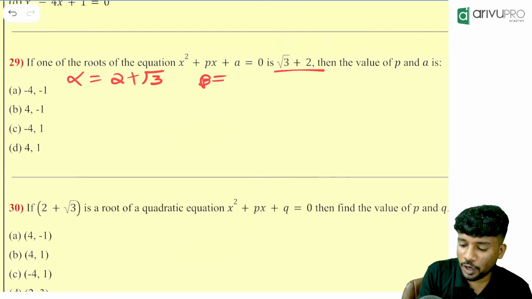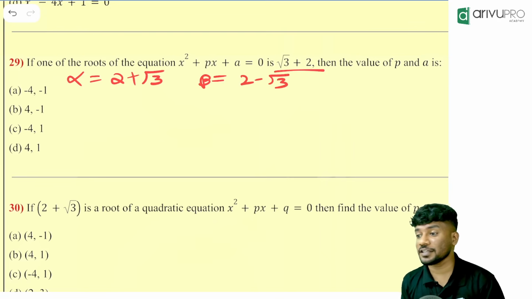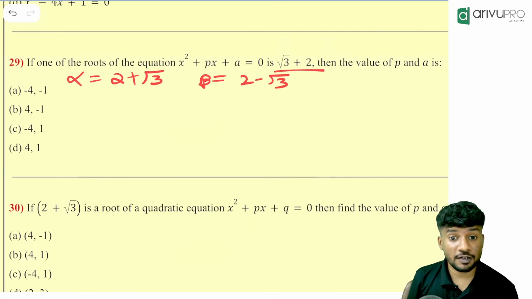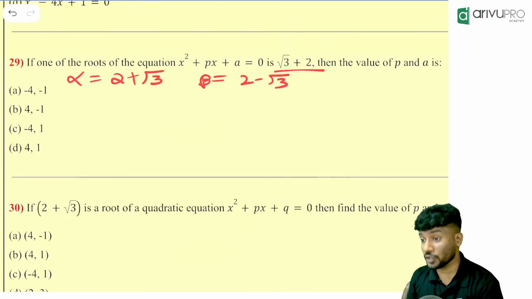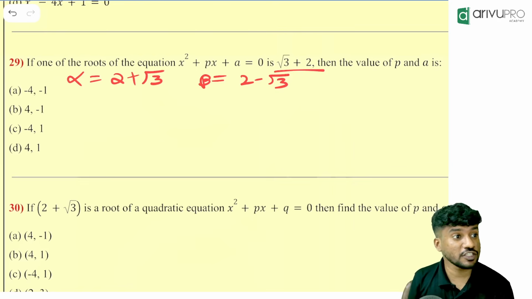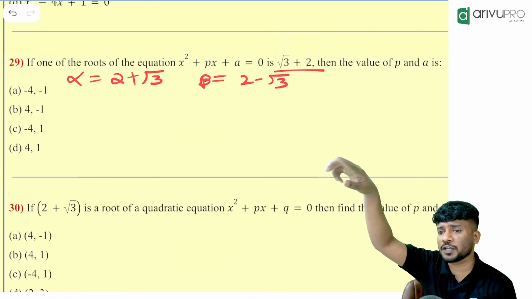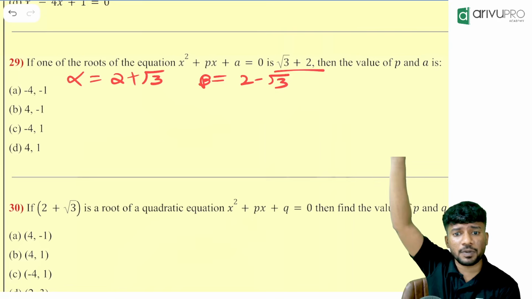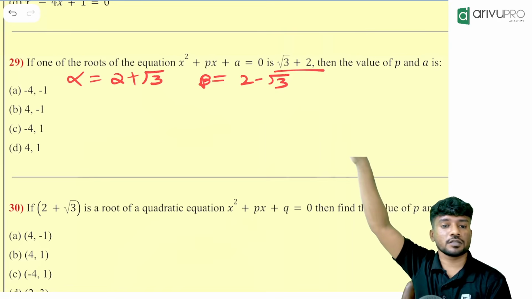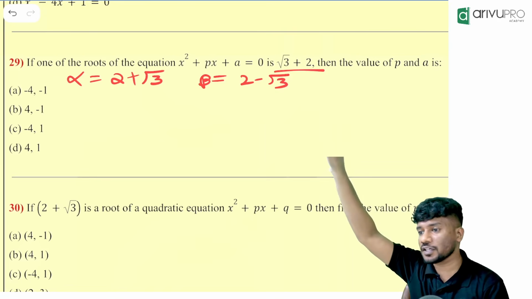Beta is equal to what, people? 2 minus root 3. Don't change the sign in front of the numerical value, your natural numbers and all. You will only change it in front of the root. Why? Because the general formula is minus b plus or minus root. So it will only change in front of the root value.